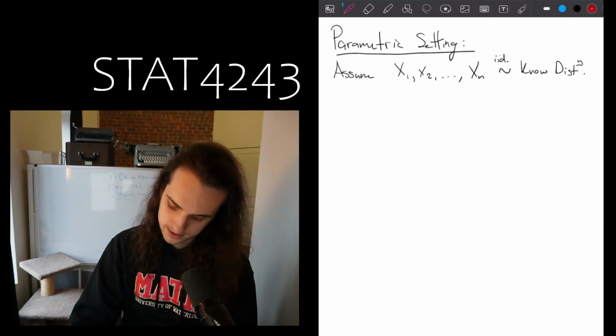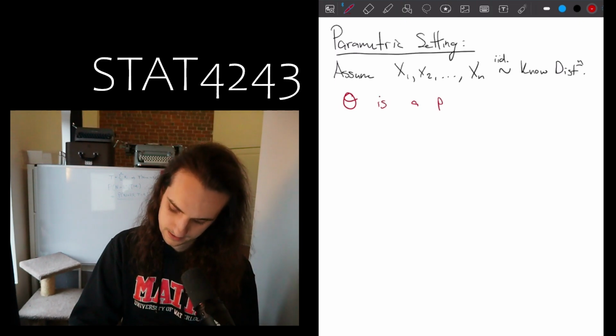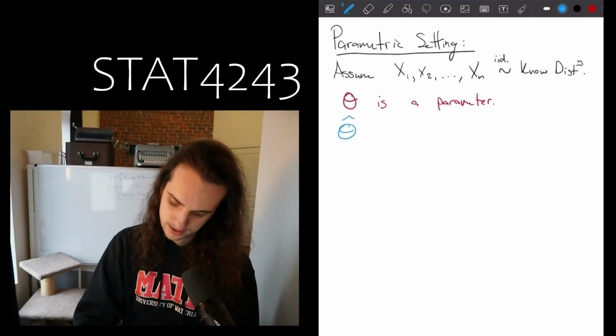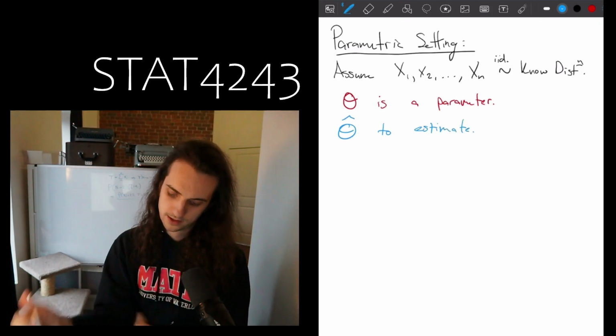And then maybe theta is a parameter, and we want theta hat to estimate it. So this is the situation that we're used to working with.